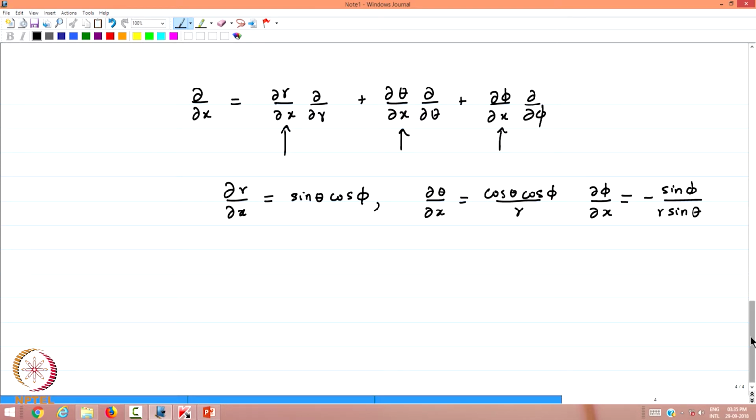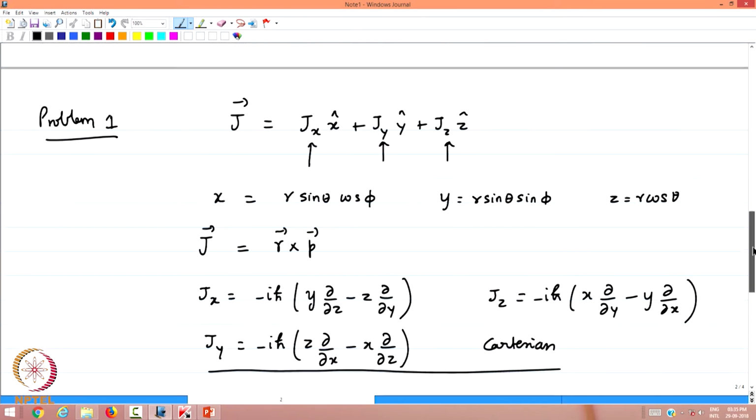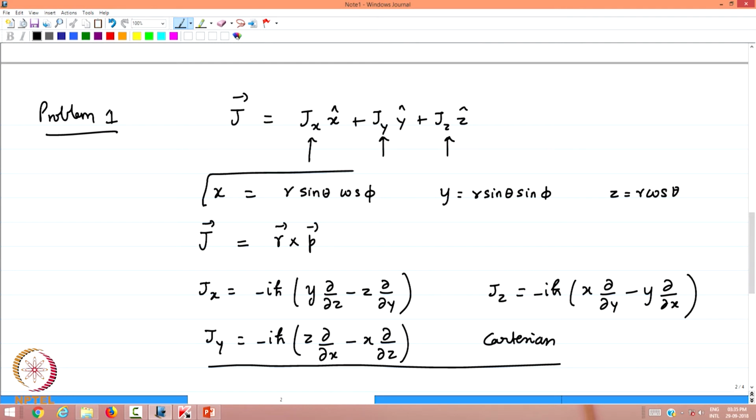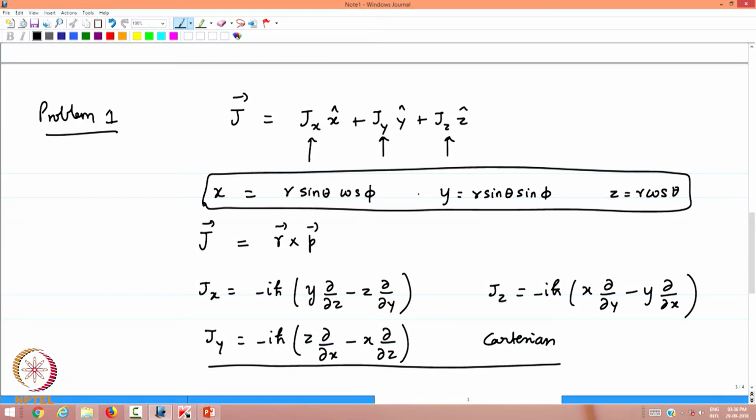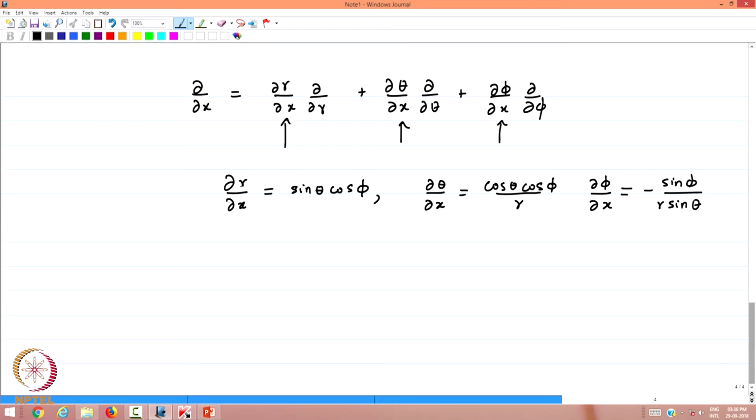Okay. They are obtained from the inverse transformation of this. When you write r in terms of the square root of x square plus y square plus z square, and likewise theta and phi, once you have them, you can calculate the derivatives as you have here.